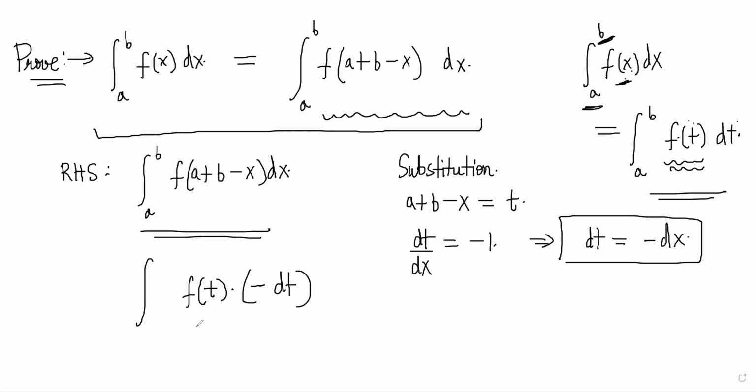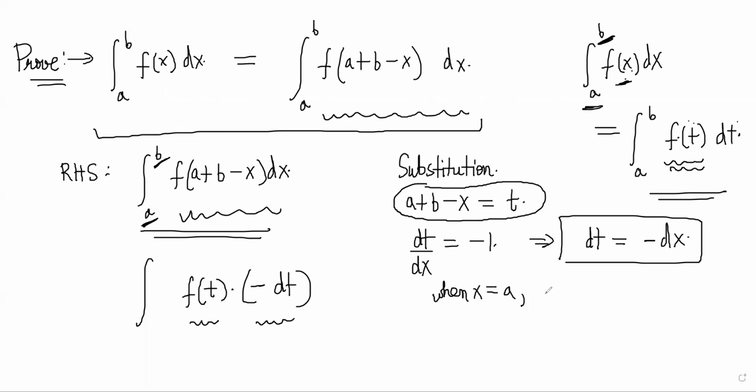Now look at the limits here. This function is now a function of t, so the limits also should be values of t, correct? Here, when we were working in x, these were values of x: x is a and x is b. Now you have to find the values in t. My new variable t is a plus b minus x. When x is a, what is the value of t? It is b. And when x is b, what is the value of t? It is a.